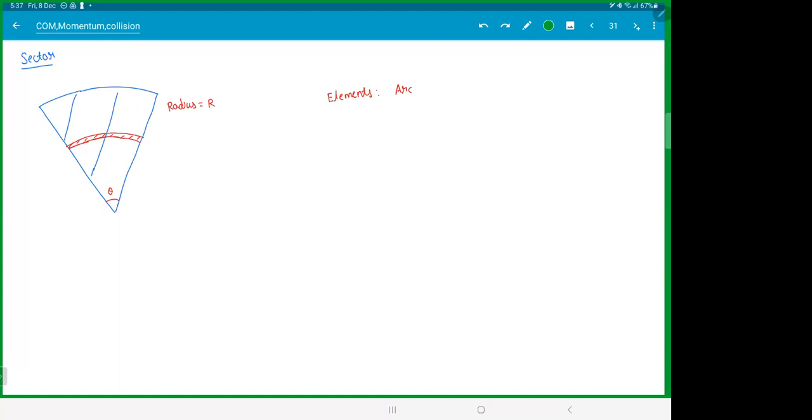Two r sine theta by 3 theta. If you put theta equal to pi, you get the center of mass of a half disk.